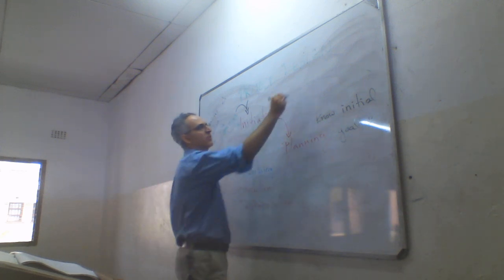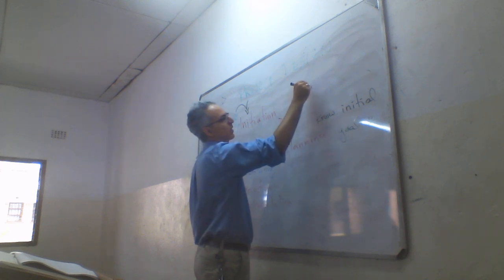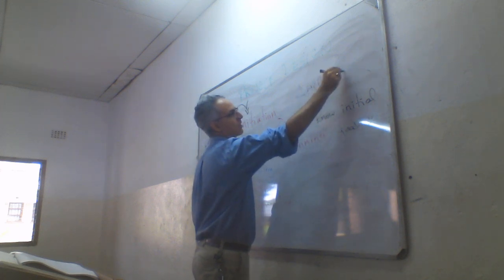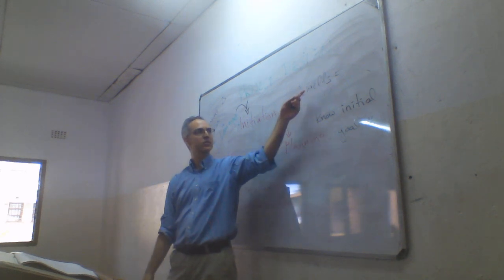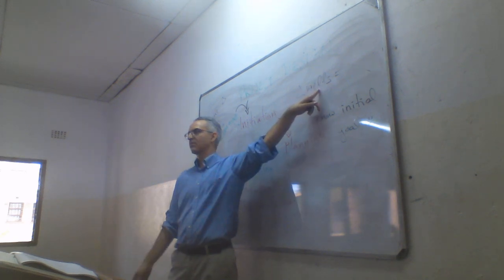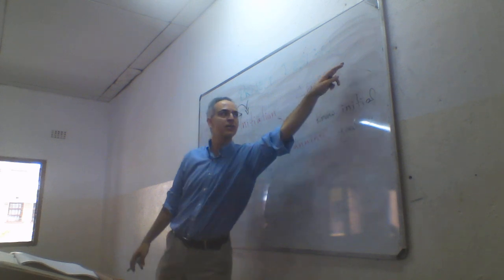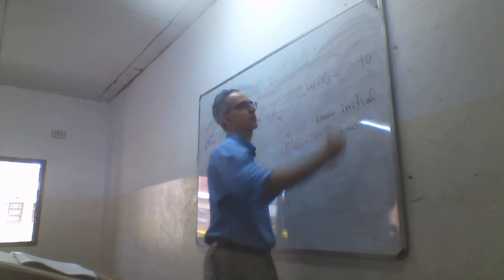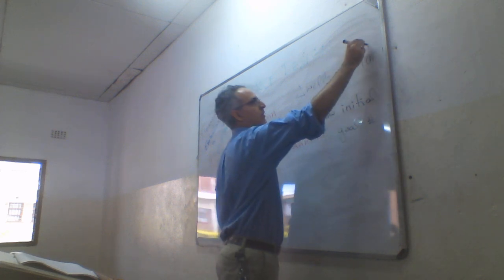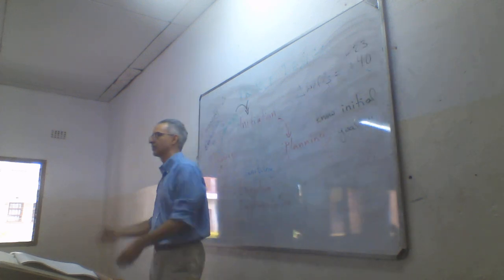So if I say delta wells equals, you would read that as the change in the number of wells is some number, right? You would say plus 40, let's say, or minus 23. Any number.